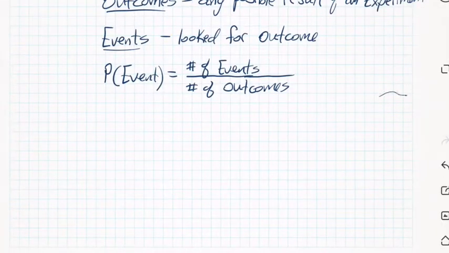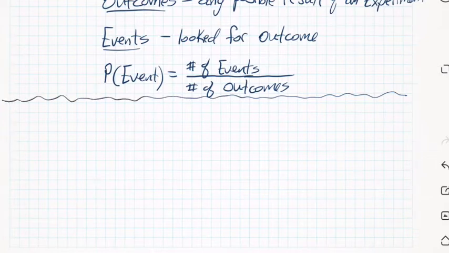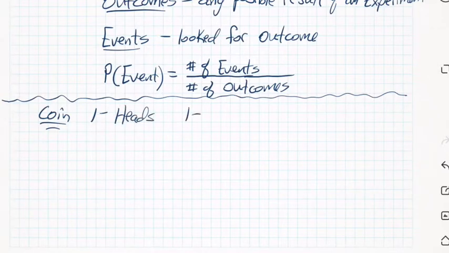So another way of looking at probabilities, instead of physically doing an experiment, if we went back to our coin: on a coin, there is one side that is heads, and there is one side that is tails.